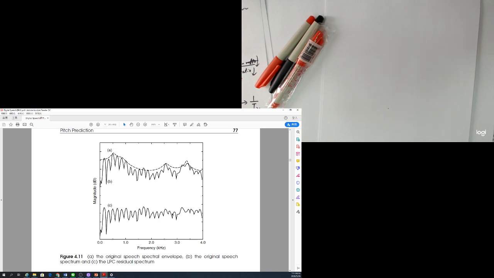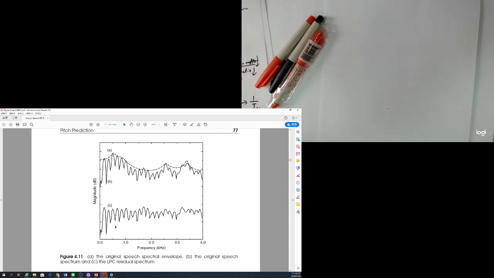Okay. So you can see this one is the original signal waveform, and this one, minus 9, is our LPC. So we take the original signal and remove the LPC inverse signal.